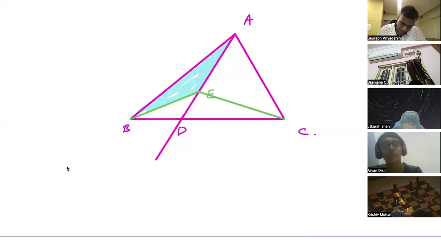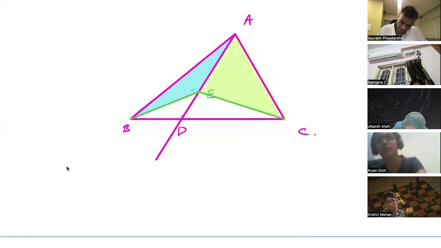One of the triangles is this one we have to talk about, and the other one is this one. Sir, I've taken the triangle such that AD is perpendicular to BC.